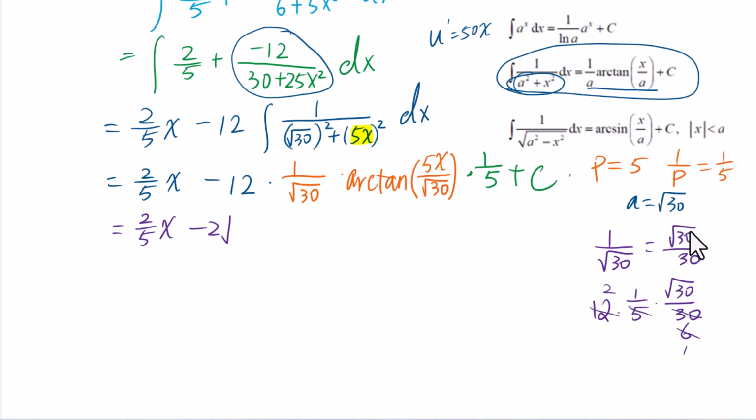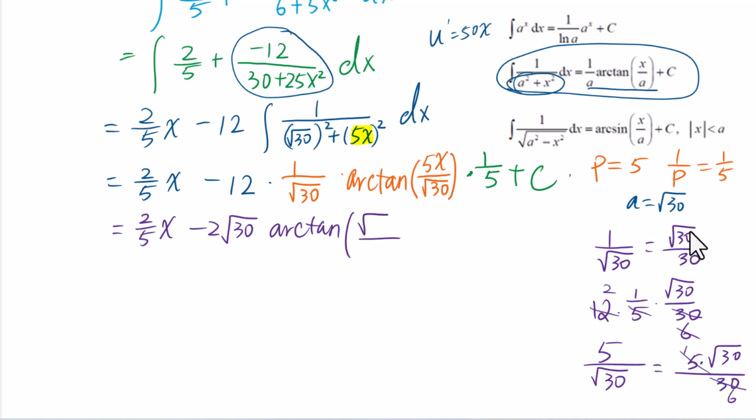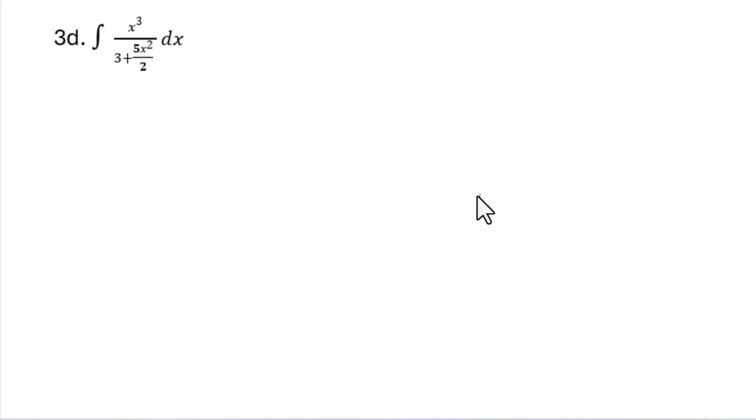Minus 2 square root of 30 arctangent. 5 over square root of 30 equals square root of 30 over 30, then times this 5. Reduce. Square root of 30 over 6 x plus c.